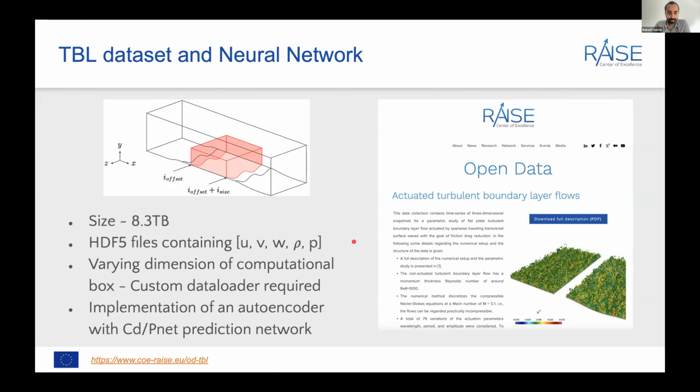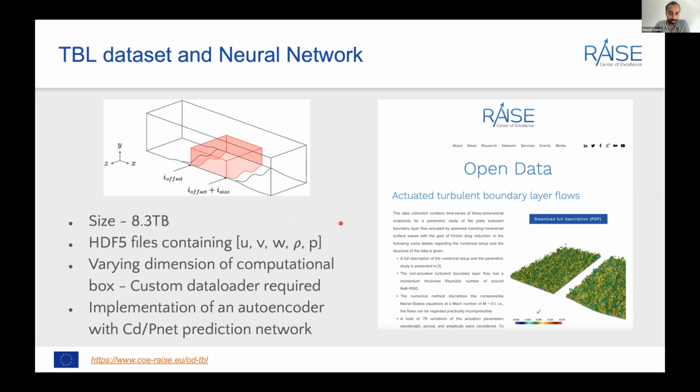To talk about the data set, this is the computational box that I was showing just now. The data is filtered, and the part shown by the red box is taken out, and that is the data that we have, which is roughly 8.3 terabytes.